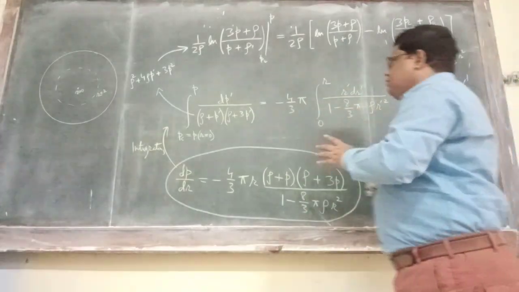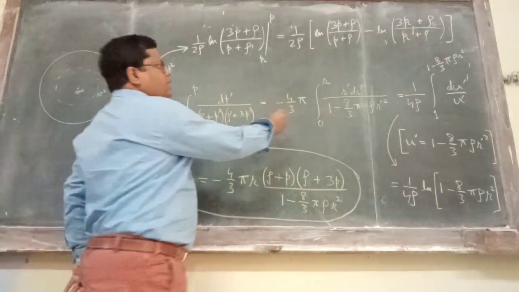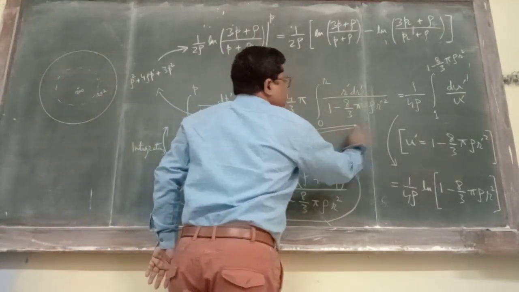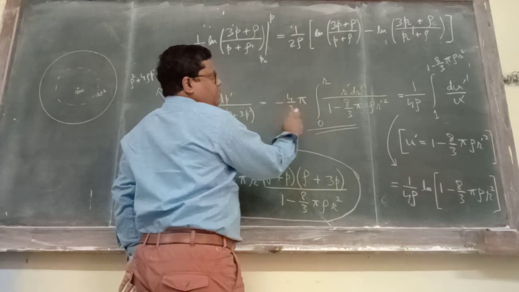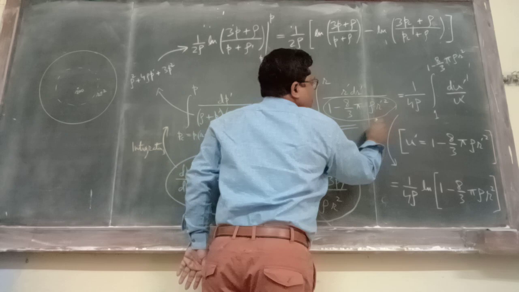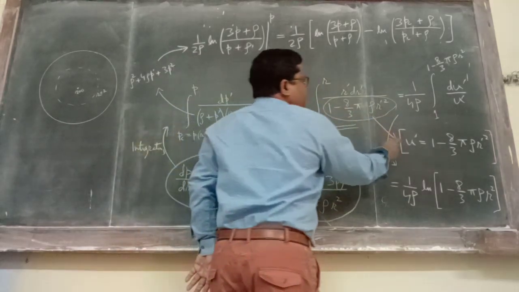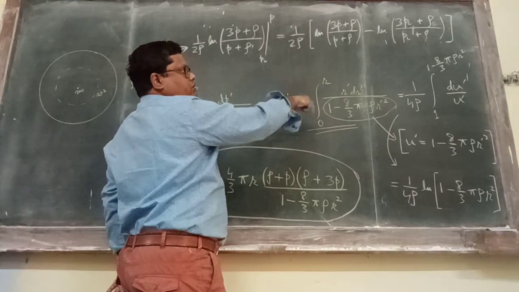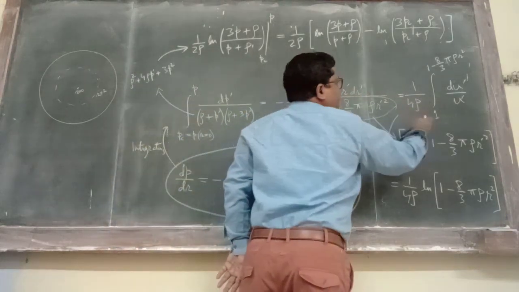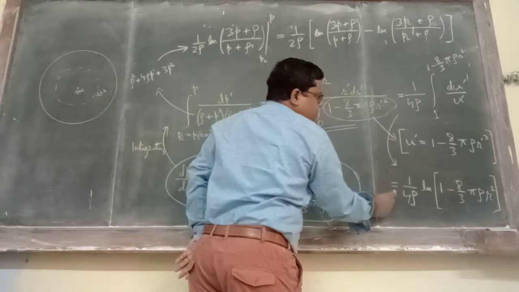Now I am going to solve this in two separate ways. So let's see this part. Let me do this substitution: I am substituting this part as u prime. If I do that, you can check for yourself that this entire integral can be converted into this very simple form, and you get this result.